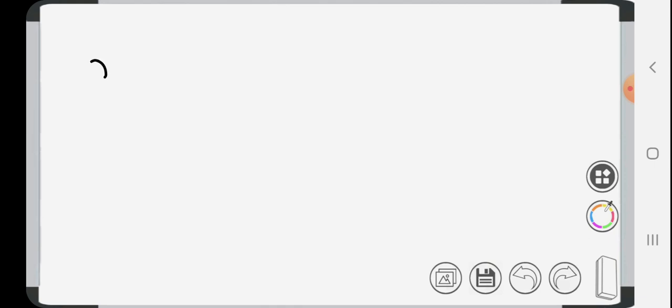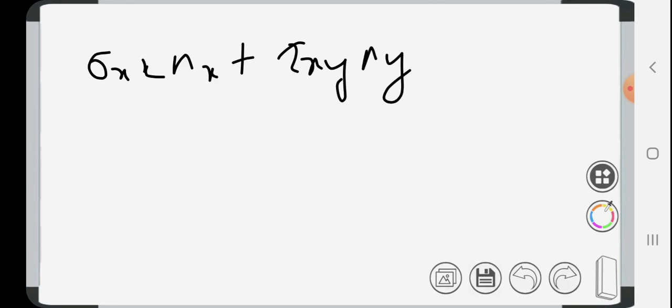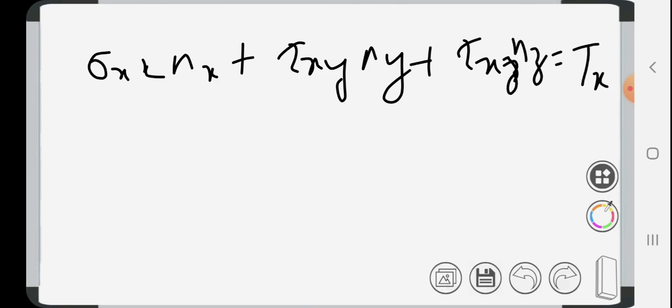Cauchy's equation: sigma xx into nx plus tau xy into ny plus tau xz into nz equal to tx, right?